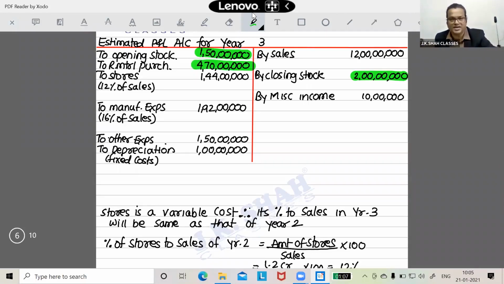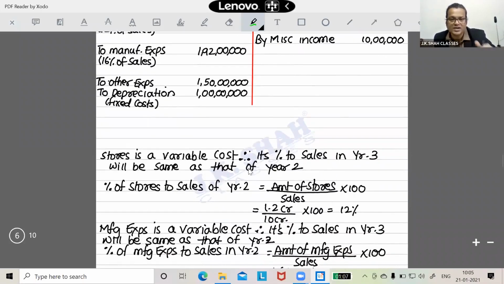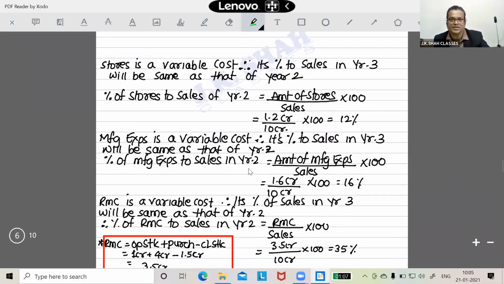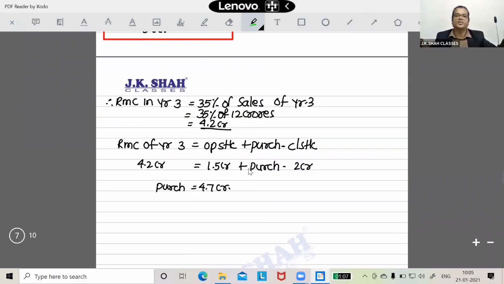Absolutely fine, sir. If you don't write these two values over there, and instead of doing this one extra working, which is taking a lot of your time, you could have directly written raw material consumed 4.2. Zero problem. It comes to the same. Why am I writing like that? Because in the first year and second year, it is written like that. How much extra working? 13 pages? No, just 3 lines of extra working to arrive at purchases. That's it.